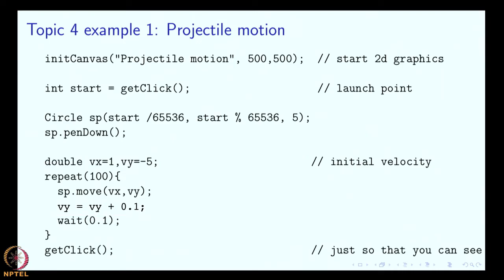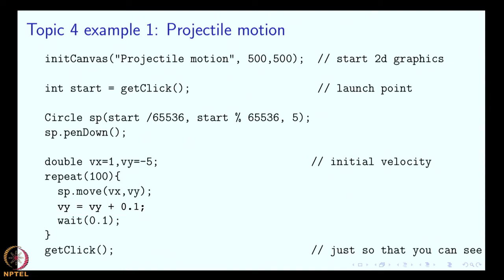So here it goes. For 2D graphics, instead of saying turtleSim, you are going to have this call initCanvas. This will create a window of 500 by 500 pixels, and the title will be projectile motion. You will get the starting point of where the projectile is going to be launched from by doing getClick, and at that point you will create a circle.